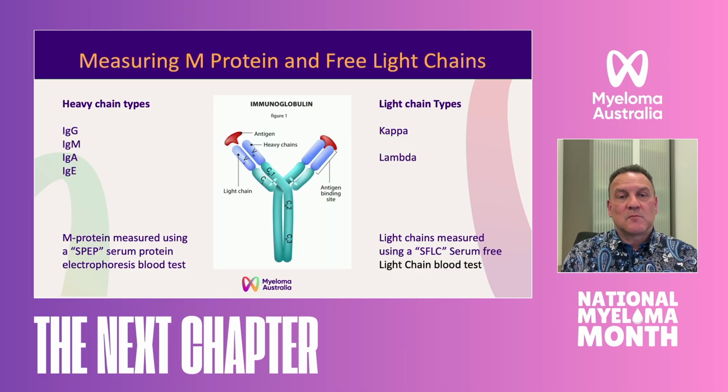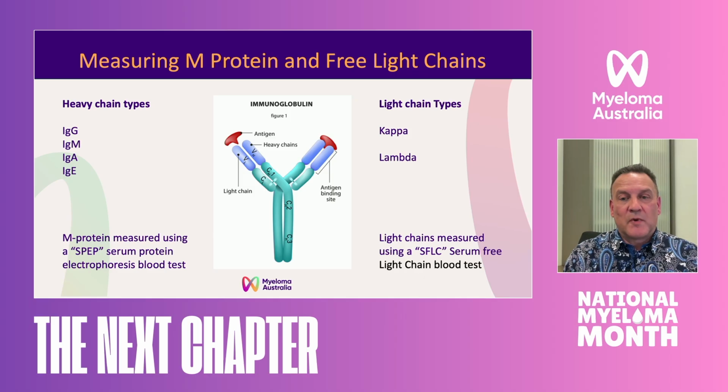The proteins in the blood are called M proteins, and these are structured like a normal antibody, so they look like a Y shape. And the bits at the top of the Y are the elements that can detect antigens on the surface of bugs to prevent infection or cancer cells. The big parts of these molecules are called heavy chains, and that's where the G, M, A, or E name comes from.